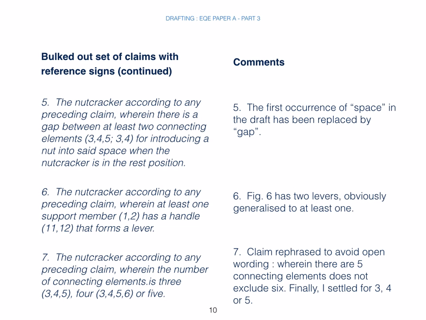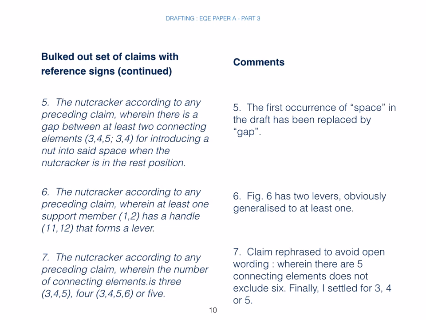The Nutcracker according to any preceding claim, wherein the number of connecting elements is 3, 4, or 5. Now, first thing to note is that I have rephrased the draft claim wording.